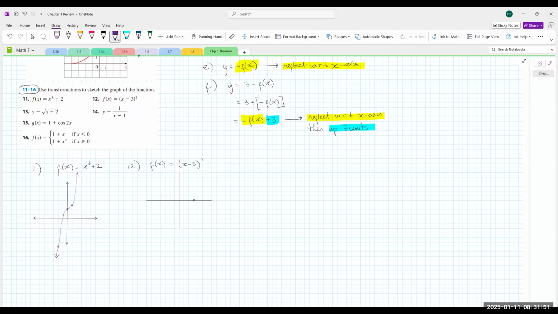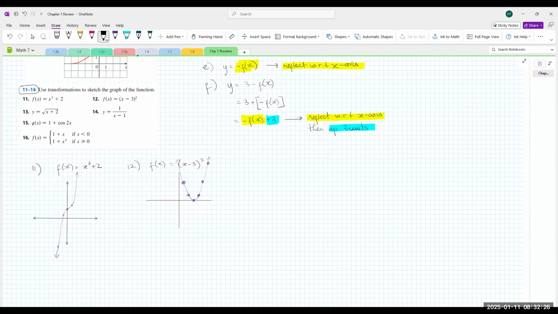So the vertex becomes 3, 0, approximately like this. Now, when I ask you to graph this, I do expect you to bubble the special coordinates, please. Okay, as if you are saying, hey, the graph passes through these coordinates.